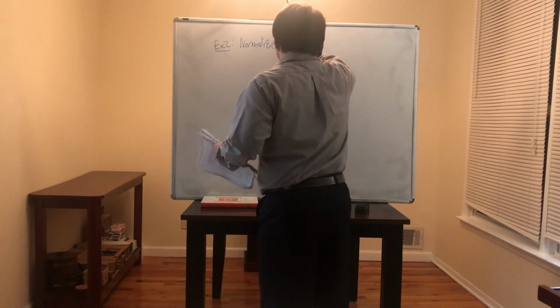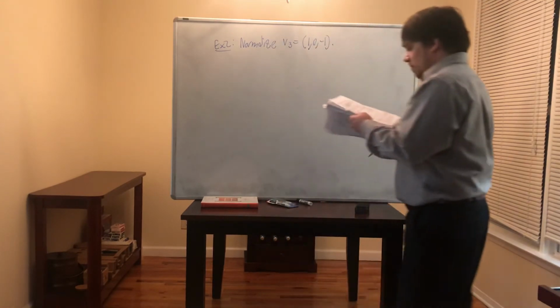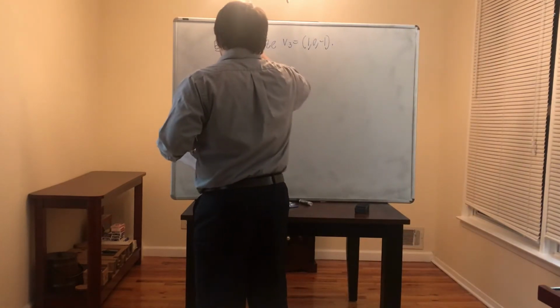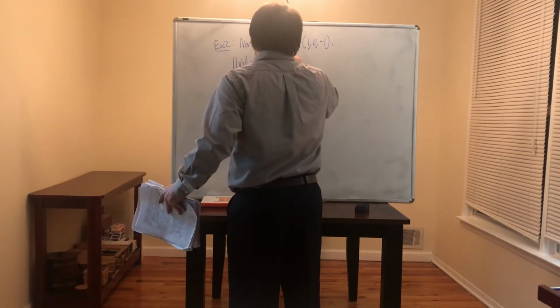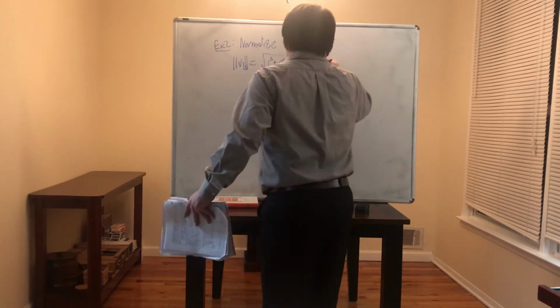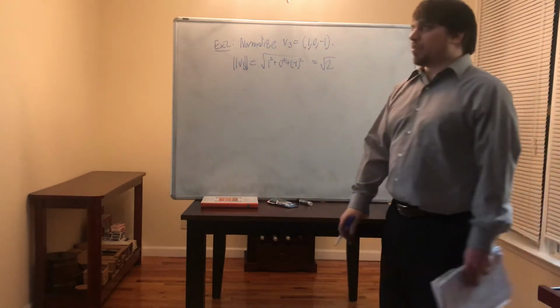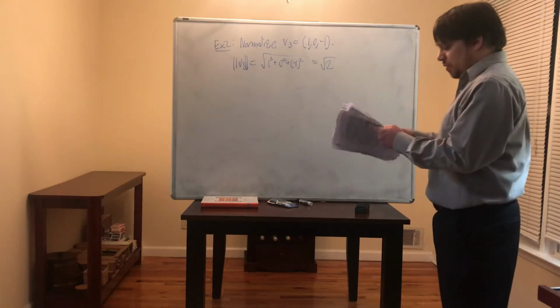Normalize v3. The norm of v3 is just the square root of the sum of the squares of its components. So the norm of v3 is the square root of 1 squared plus 0 squared plus negative 1 squared, that's the square root of 2.